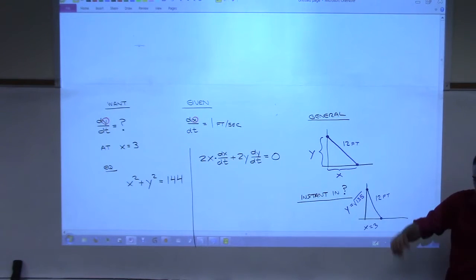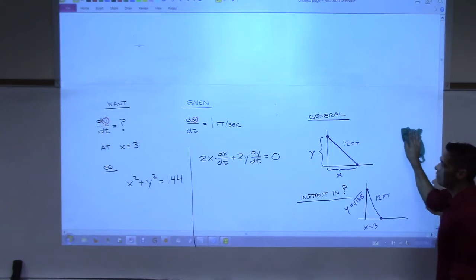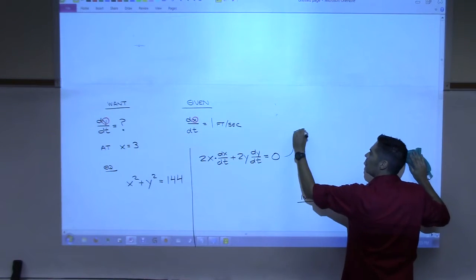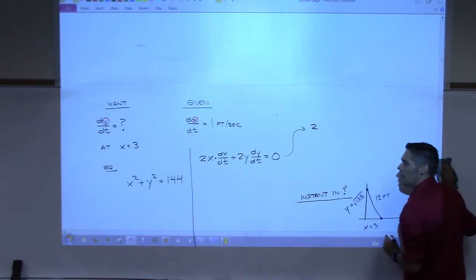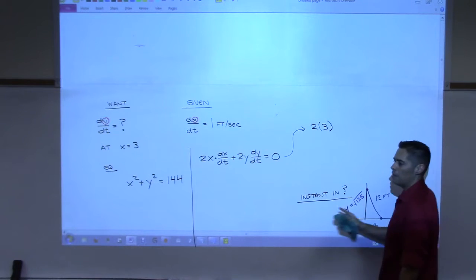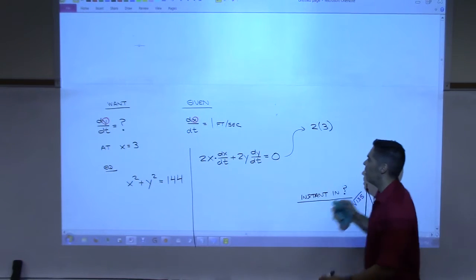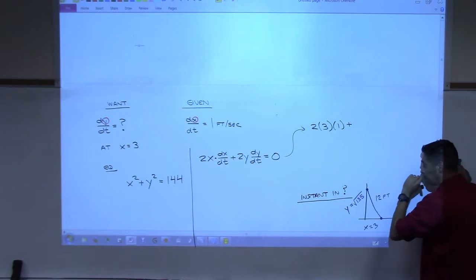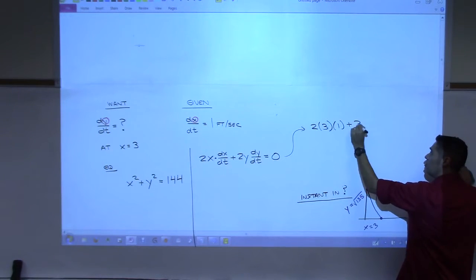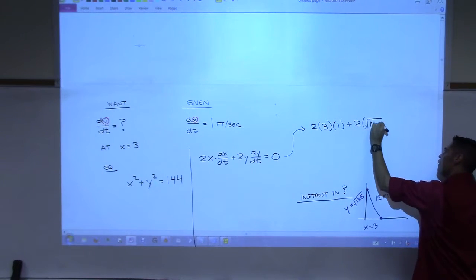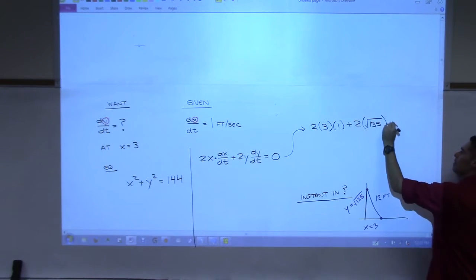So let's just plug everything in. If I go from this equation, we have 2, and then x is 3, right? I'm doing 2 times 3 times what? dx/dt is 1, plus 2, y is root 135, and then dy/dt equals 0.